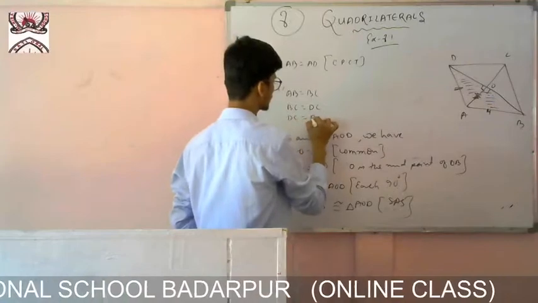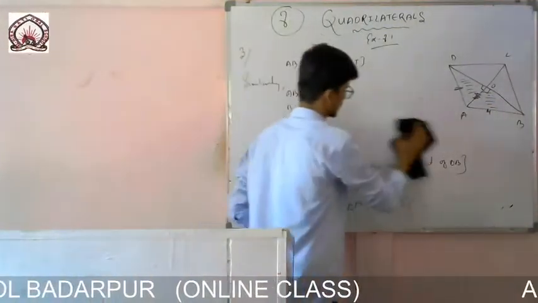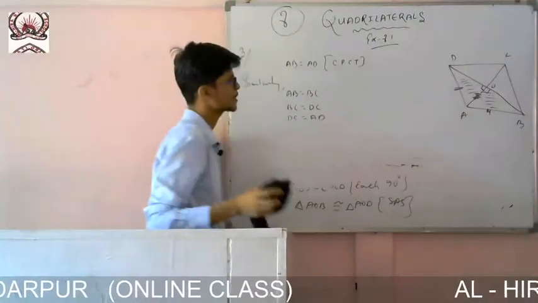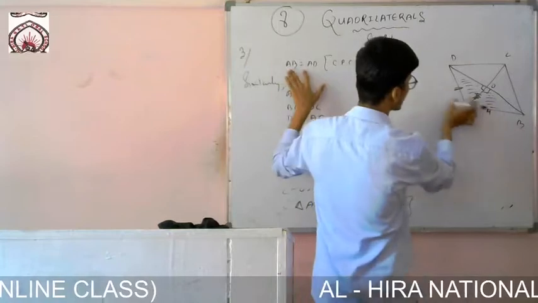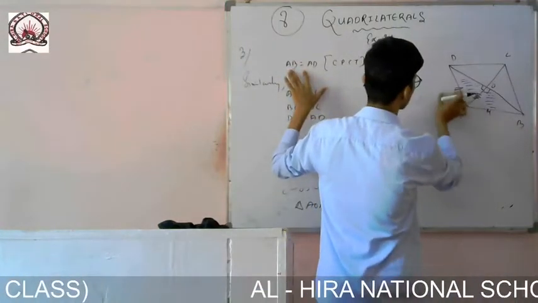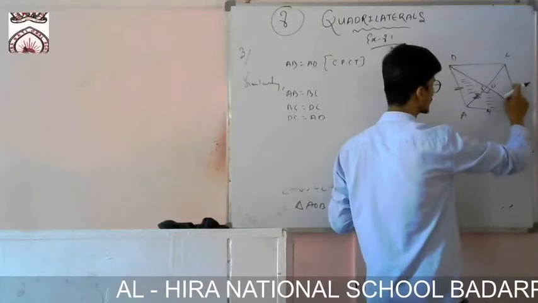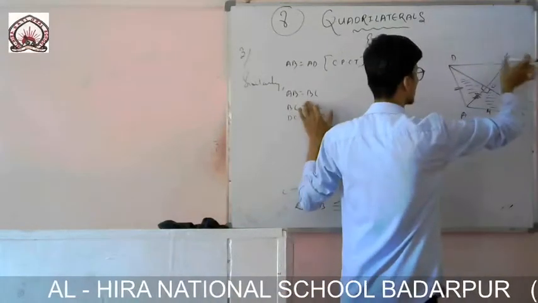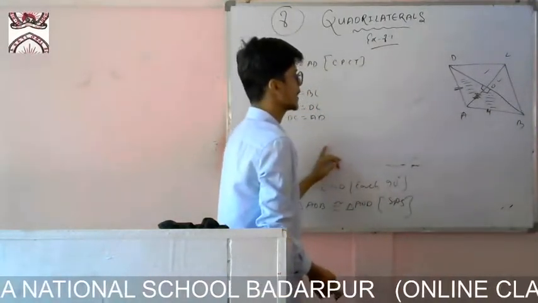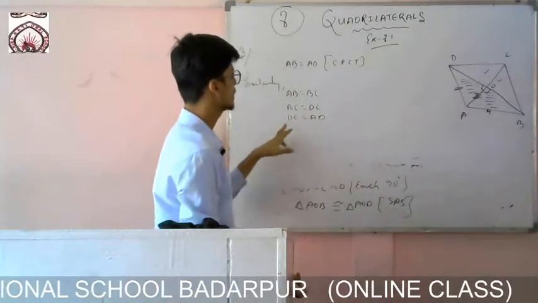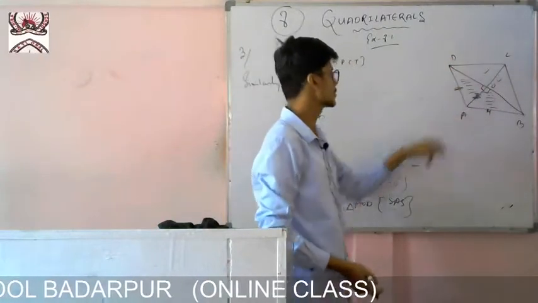So what we have shown is that all the sides are equal to one another. If I take these two triangles, AB is equal to AD. Now if I take these two, then AB will be equal to BC. If I take these two, then BC will be equal to DC, and if I take again these two triangles, then DC will be equal to AD.